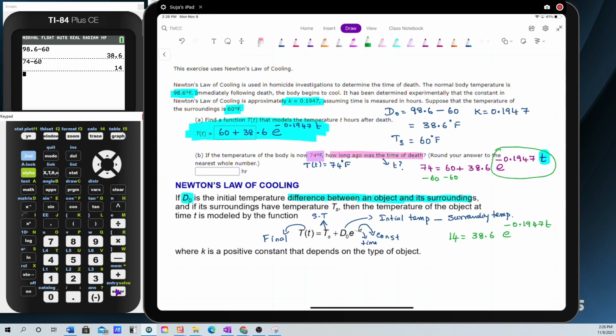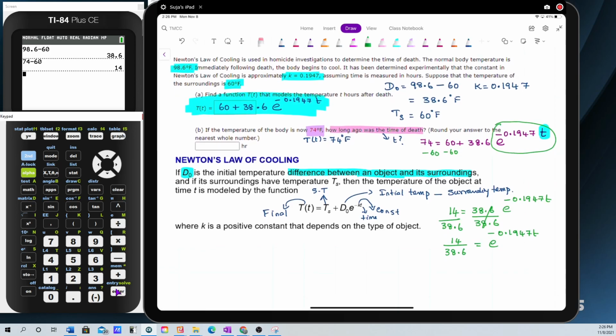The next step would be to divide both sides by 38.6, which eliminates it from the right hand side. So I'll have 14 over 38.6 is equal to e to the negative 0.1947t.